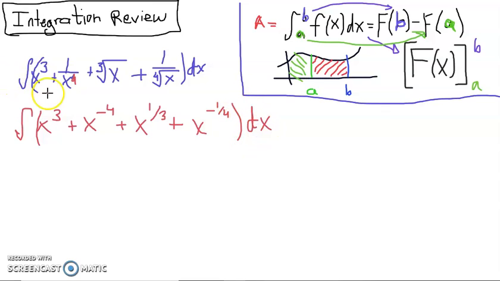Okay. And then power rule. Oops, I wanted to do this from 0 to 1. Minor detail. Okay. Power rule, or anti-power rule, I should say. So remember, this part is where we're just getting an antiderivative.